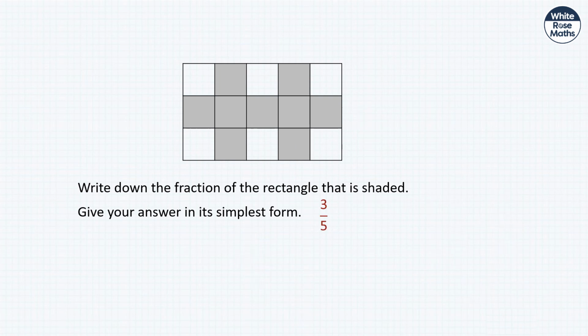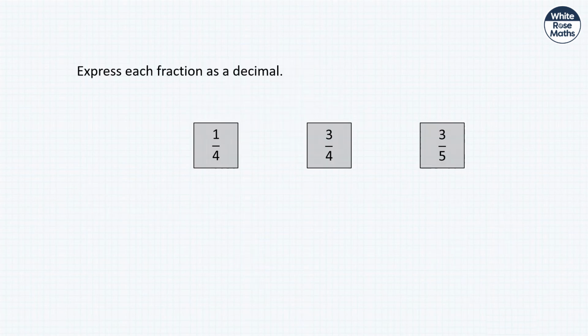Express each fraction as a decimal. So 1/4. If I'm not sure, that means 1 divided by 4, and I can do a little bus stop method to the side.